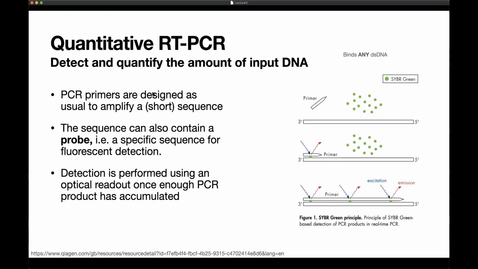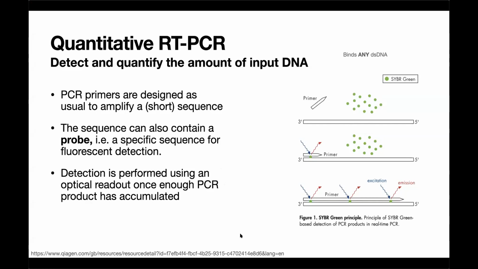So you start with PCR primers, just like for normal PCR, forward and reverse. And the sequence that you are amplifying can also contain a probe, a specific sequence between the primers for fluorescent detection. And detection is performed using an optical readout once enough PCR product is accumulated.